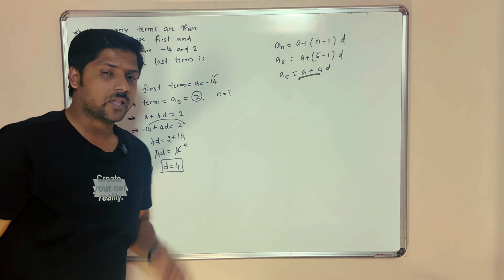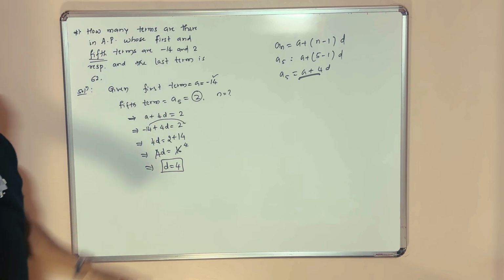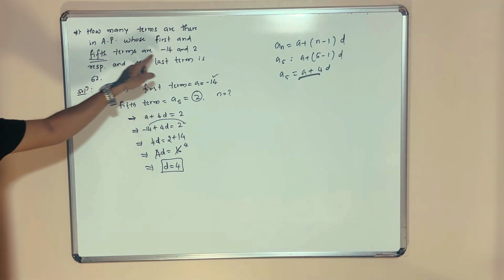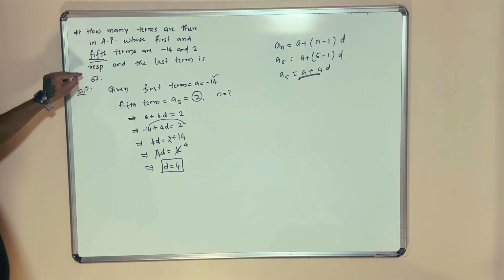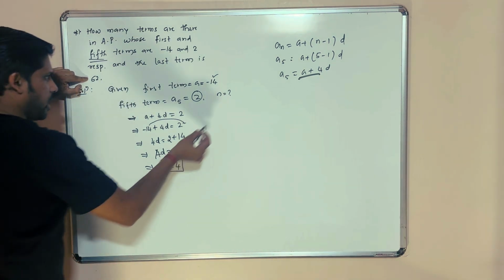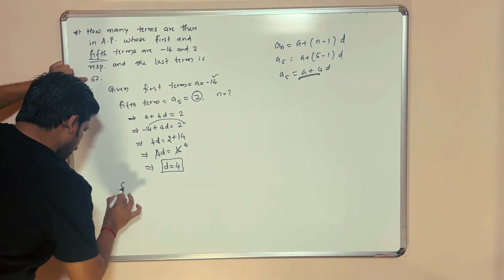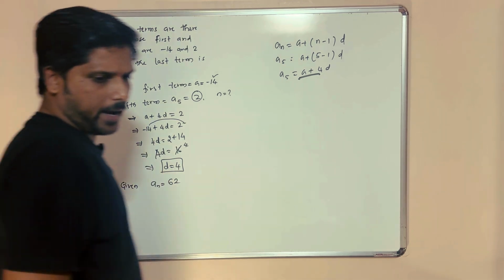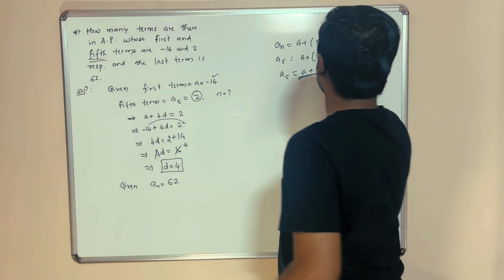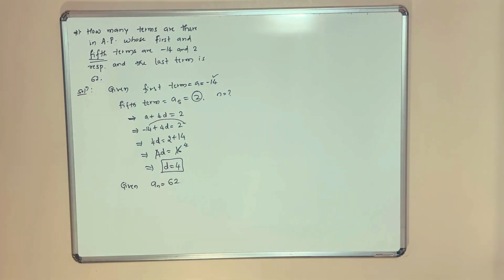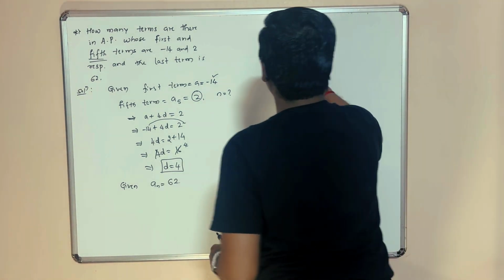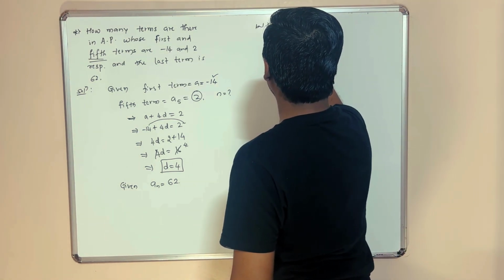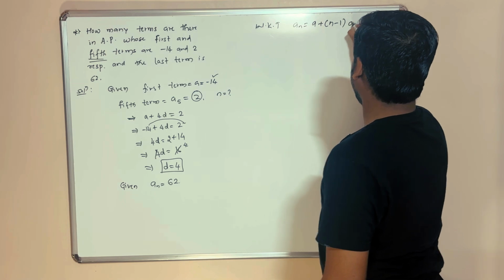Now we have to find how many terms are there. The last term is 62, so an is also given: an is equal to 62. Again we know that an is equal to a plus n minus 1 into d.